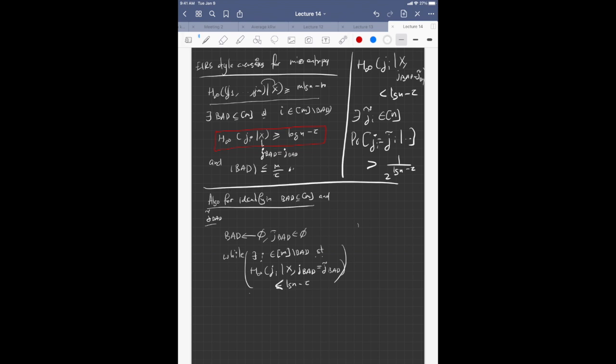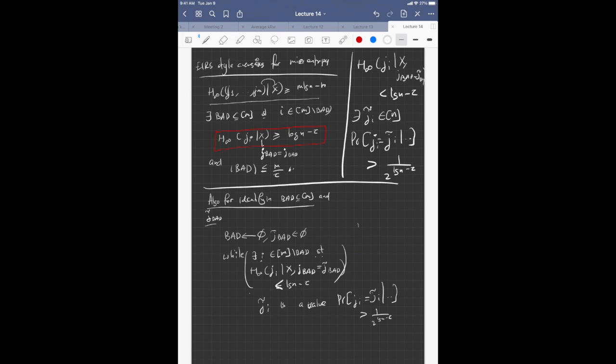So j tilde I is a value such that the probability of ji equal to j tilde I given all this is at least this much.